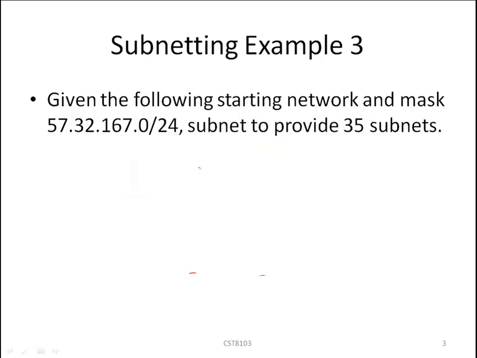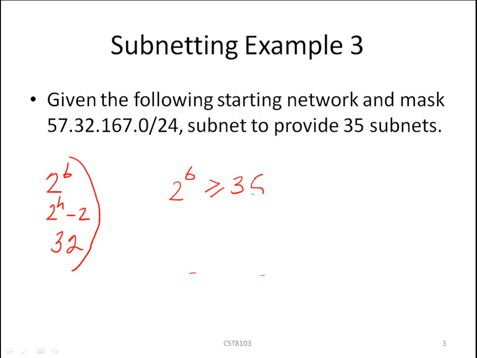Number 1, we will subnet to provide 35 subnets. For convenience, I've drawn the 3 basic subnetting formulas, and in this case we are given the criteria that we must subnet to provide 35 subnets. Therefore, we apply the proper formula, which is 2 to the b must be greater or equal to 35. Let us find the smallest value of b that meets this requirement.